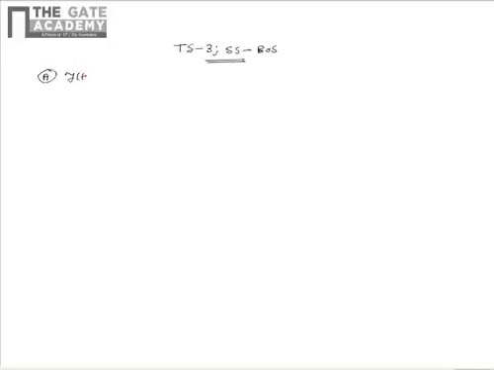As per the option A, the system y of t is equal to sine of x of t square is BIBO stable and memoryless. As per the option B, the system y of n is equal to tan inverse of x of n is memoryless and time invariant.